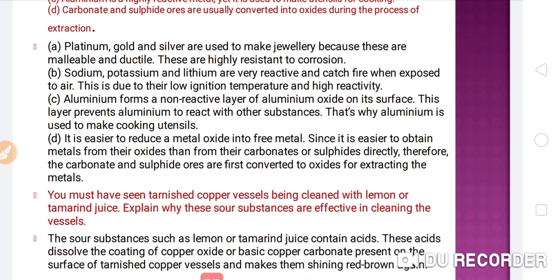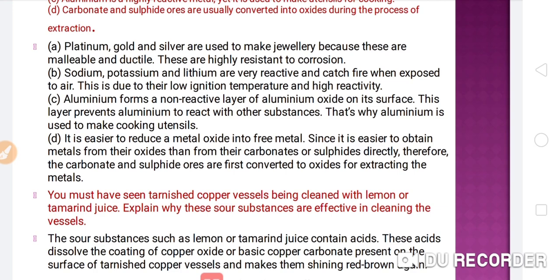This is due to their low ignition temperature and high reactivity. Now C point, aluminum forms a non-reactive layer of aluminum oxide on its surface. This layer prevents aluminum from reacting with other substances. That's why aluminum is used to make cooking utensils.